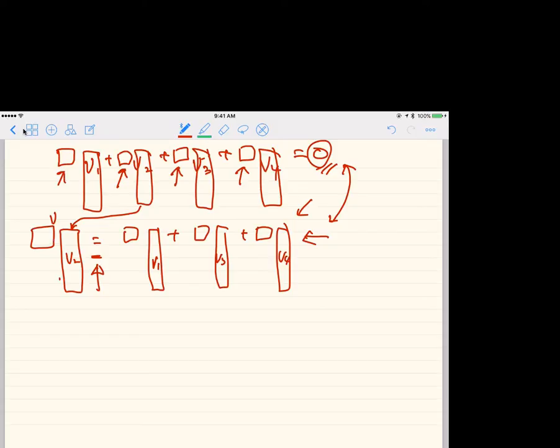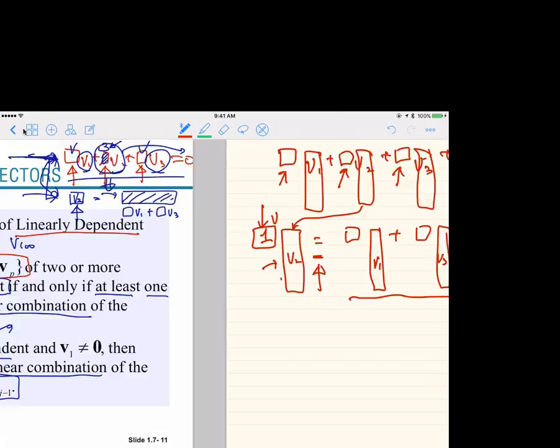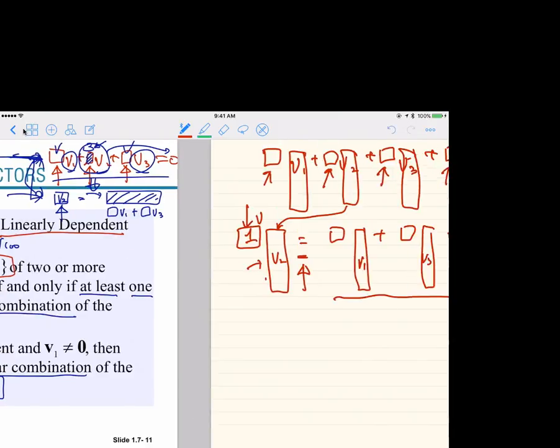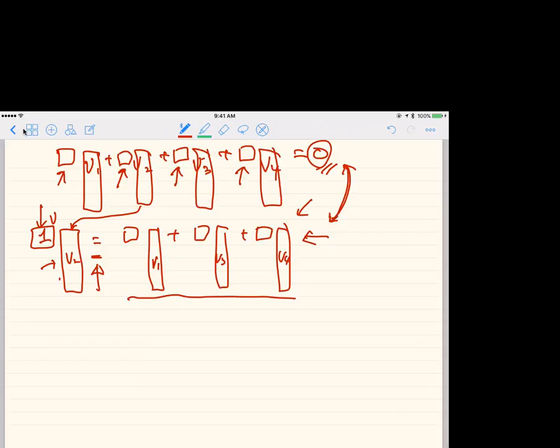In other words, in this place, we always make it 1, right? So that's when we call this V2 a linear combination of the others. Okay? So basically this theorem 7 is saying that those two cases are the same.